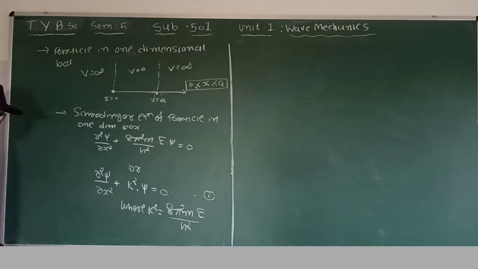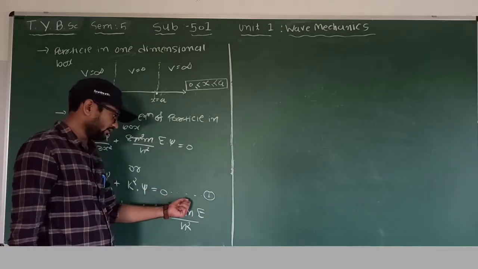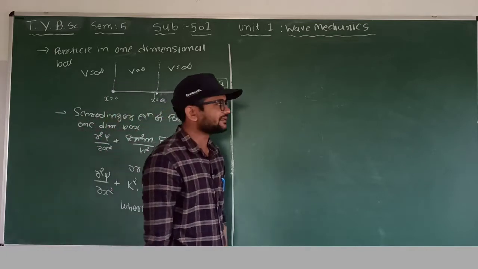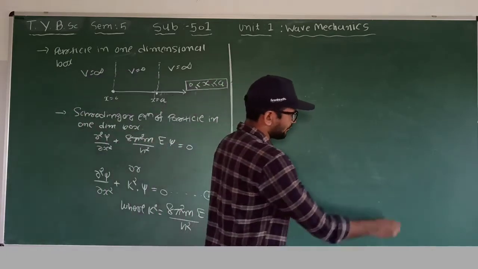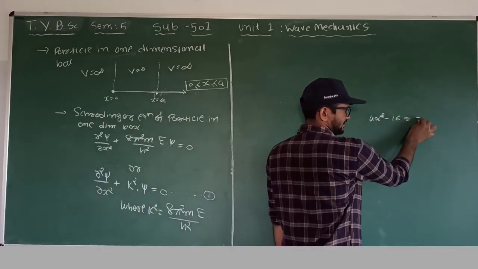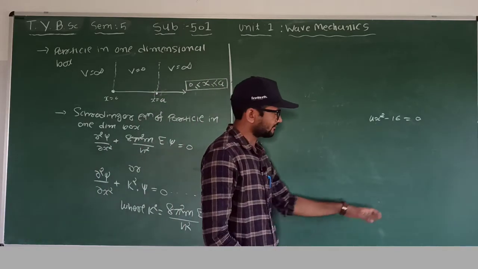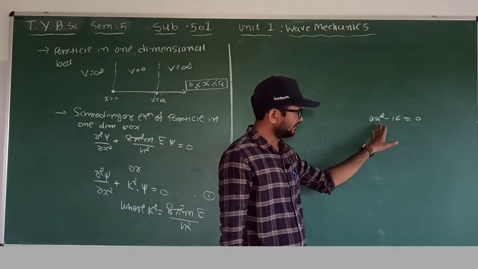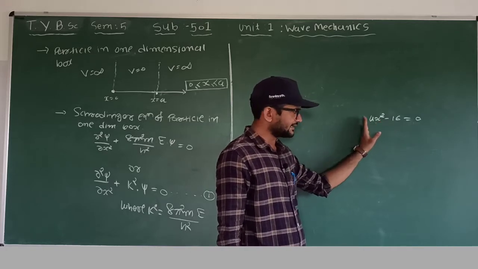Now the general solution of equation 1. First of all, what is the general solution of any equation? Suppose we have the equation 4x square minus 16 is equal to 0. General solution means what values of x satisfy this condition.